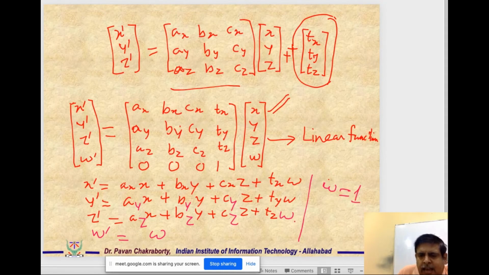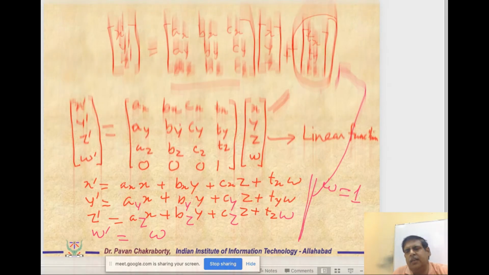And we see that these equations written here become similar to the equation written out here, and the translation, which was a nonlinear function, becomes now a linear function.